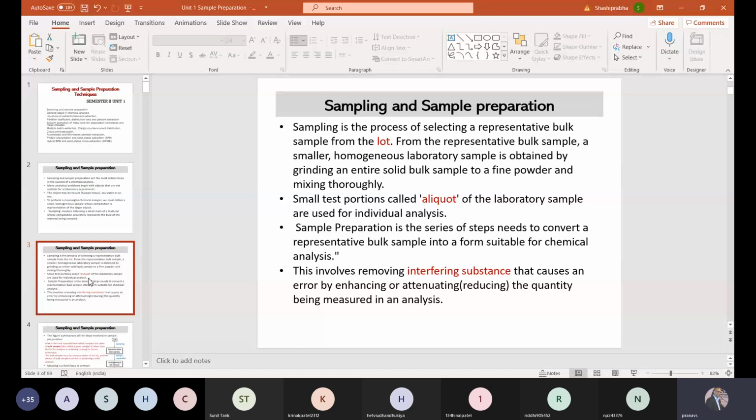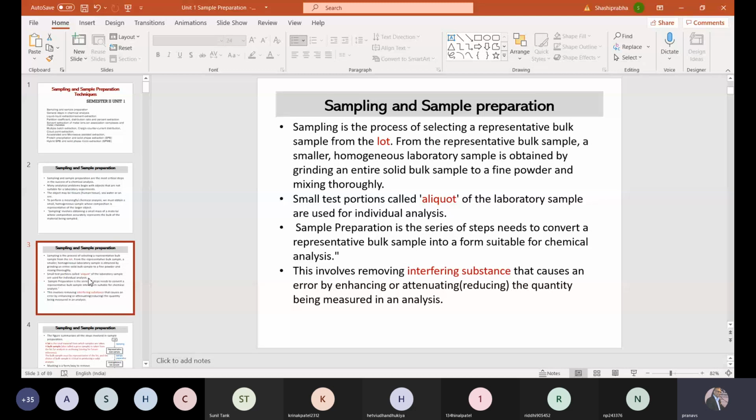So sampling is a process of selecting a representative bulk sample from the lot. ज्यादा में से जो ज्यादा सैंपल होता है उसमें से कुछ थोड़ी सी चीज ले लेना which exactly resembles the entire bulk, that is sampling. From a representative bulk sample, a smaller homogeneous laboratory sample is obtained by undergoing certain processes.